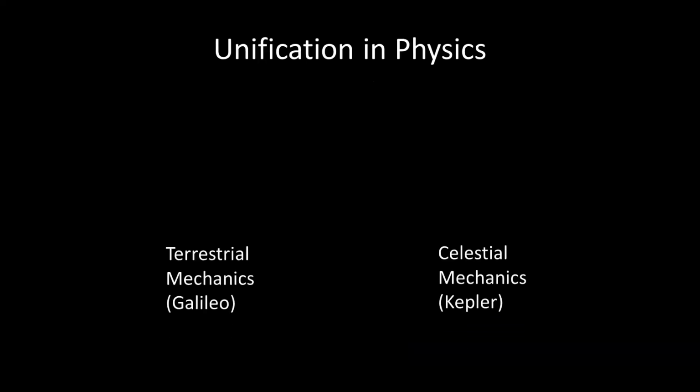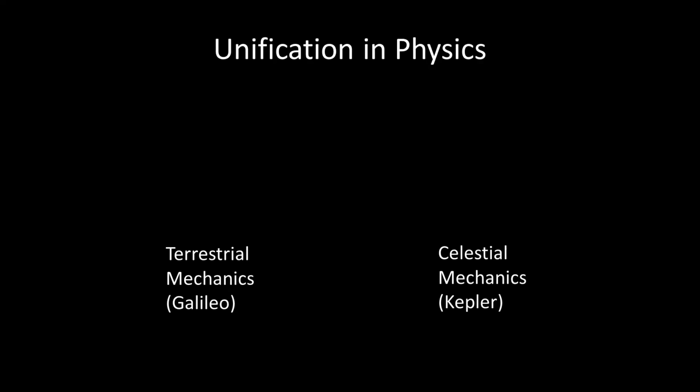Let me quickly give you examples in physics. Ever since Aristotle, at least, we used to think that physics on Earth, where things tend to go to the center of the planet, was different than physics in heaven, where things float.